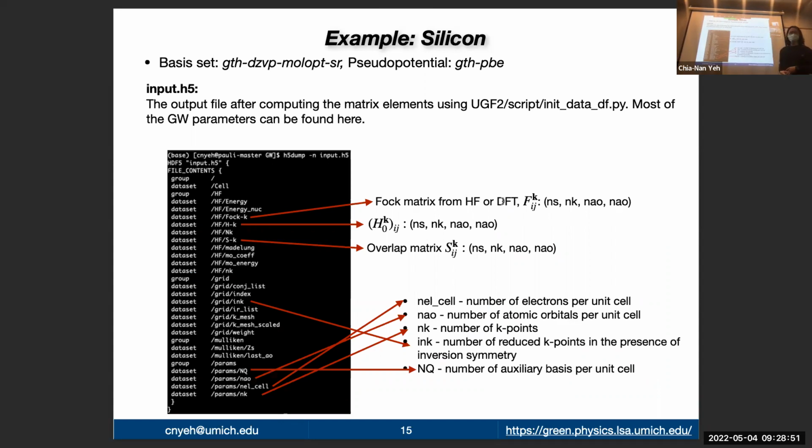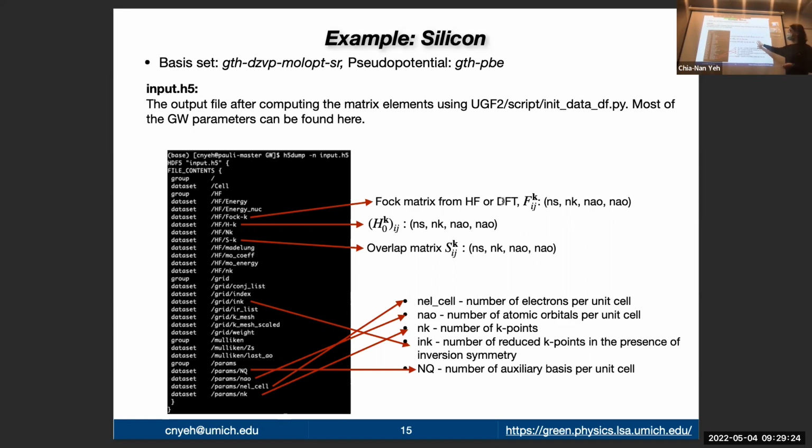If you want to analyze your PySCF output, you could also just look at this file. Essentially, this file defines your system. And then you also have the Fock matrix, which of course will be read by UGF2 as well, and the non-interacting Hamiltonian and the overlap matrix, which depend on and determine your orbitals and your basis.